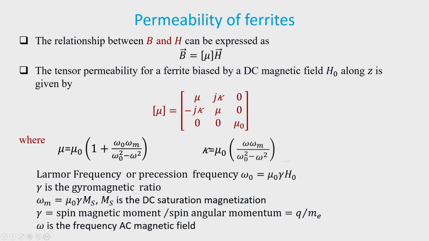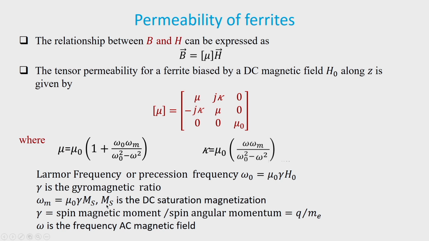The magnetic dipole moments try to align along the applied field, and if the strength of the applied bias field is kept on increasing, a scenario will come when all these dipole moments get aligned, and this condition corresponds to saturation of magnetization.